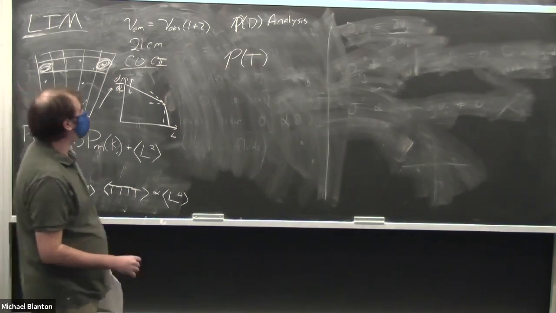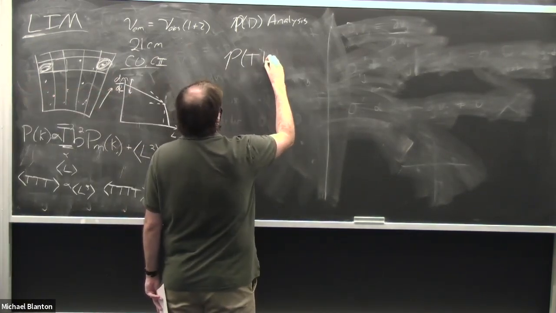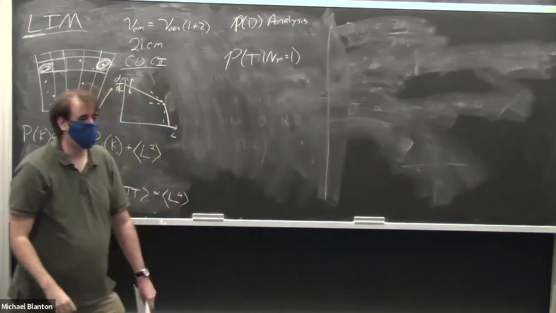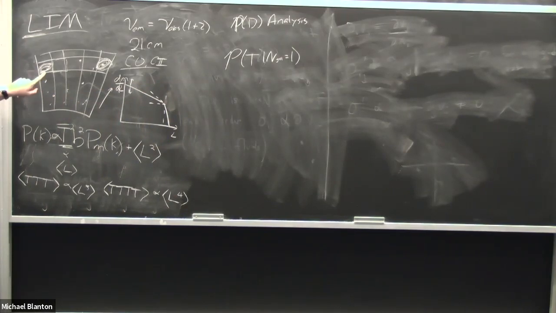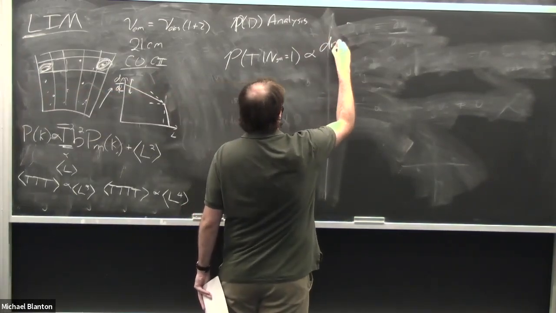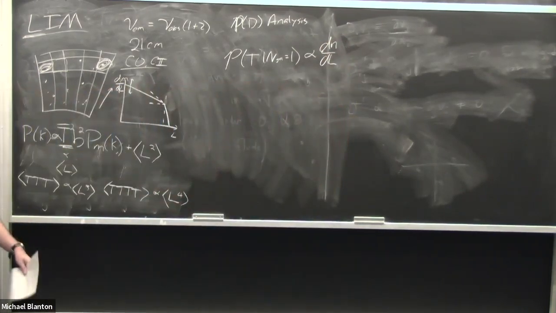And so basically what happens here is that if I knew for a fact that I had exactly one galaxy in every pixel of my map, this would just be the luminosity function, modulo some density factors.